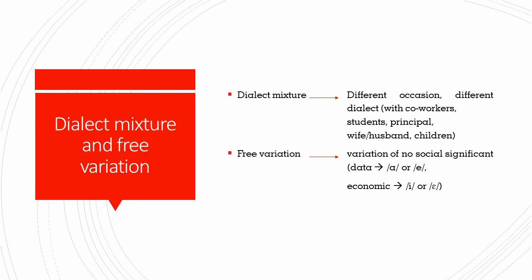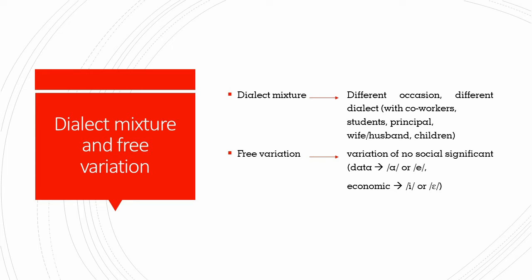The next part is about dialect mixture. What is dialect mixture? Dialect mixture is a variation in the use of language, in which individuals speak one way on one occasion and another way on another occasion.